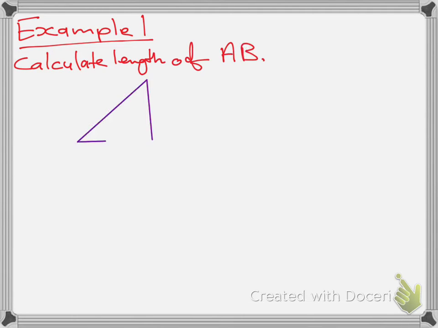Now, let's do an example. Let's say you are asked to calculate the length of AB given this triangle, where small letter b is 9 centimeters and small letter a is 12 centimeters, and the angle C is 90 degrees.